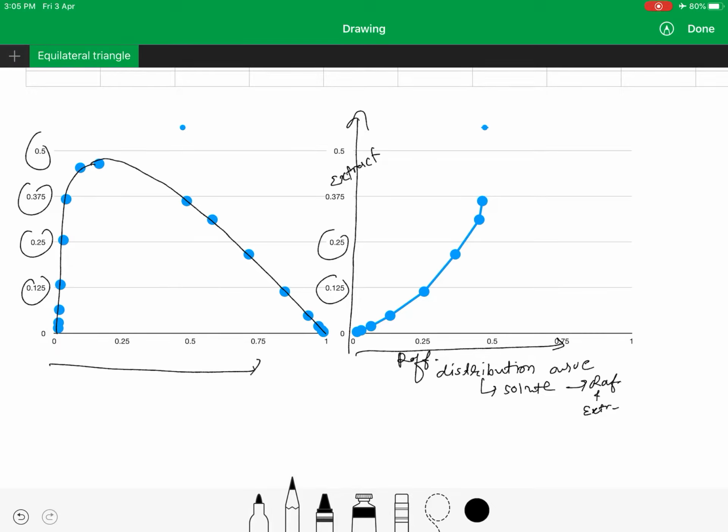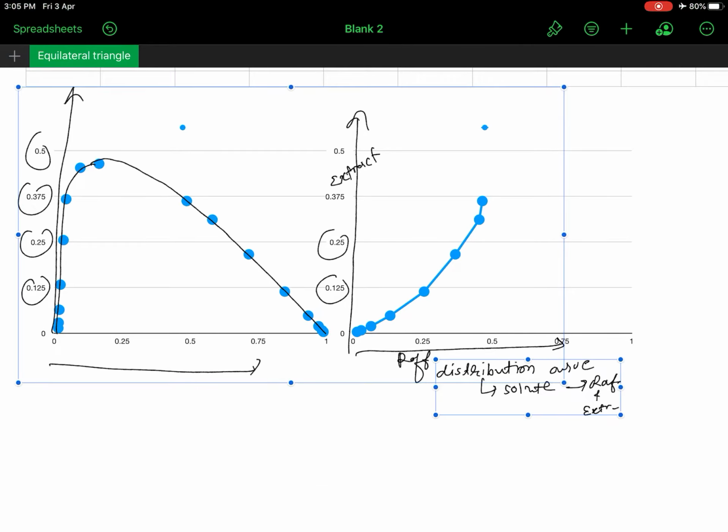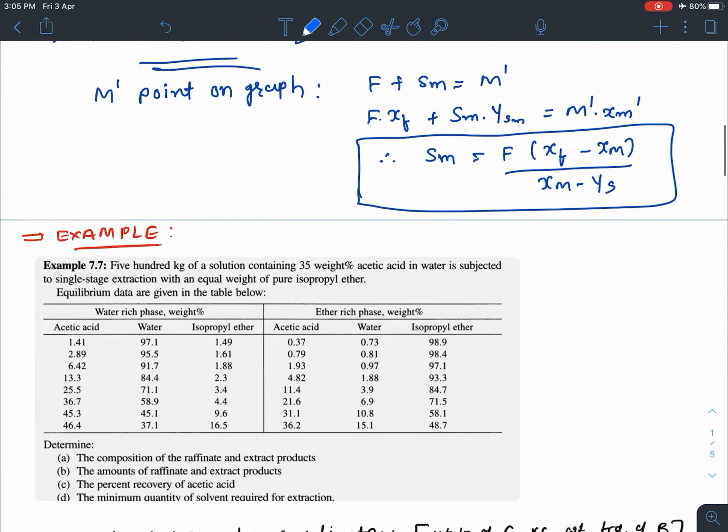On the x-axis it would be okay, but on the y-axis you have to take a similar scale. I prefer that on the x-axis you also take a similar scale, so it would be easy for you. This is how we get this particular curve with the help of this LLE data. Now let us move forward with our question.